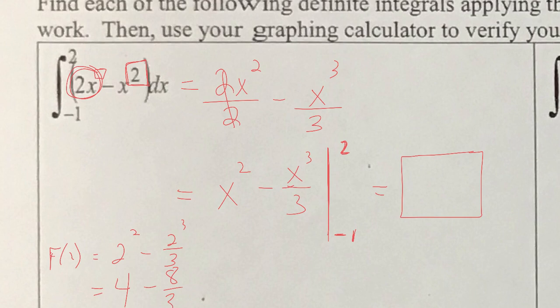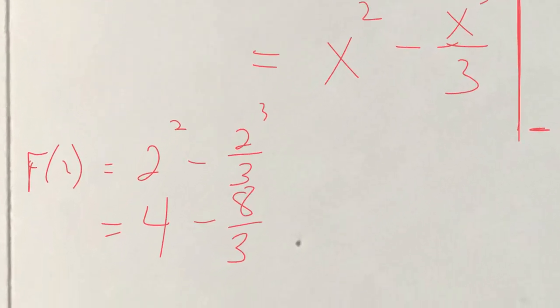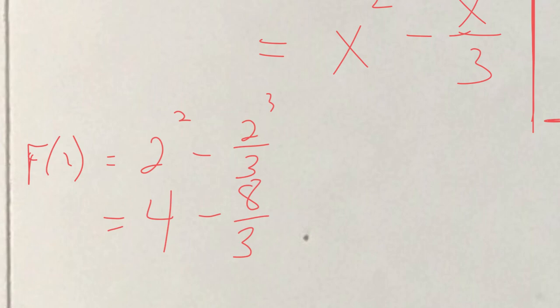Now here's a problem. I have a number minus a fraction. So I'm going to change my number into a fraction of 12 thirds, because 12 divided by 3 is 4, but now I have the same denominator and I get 12 minus 8, which is 4 thirds.